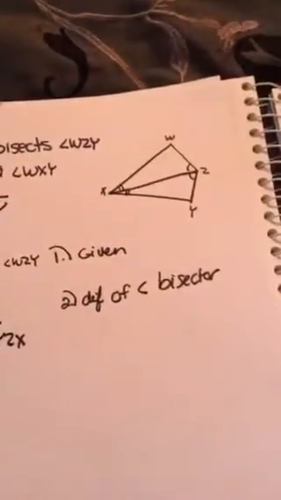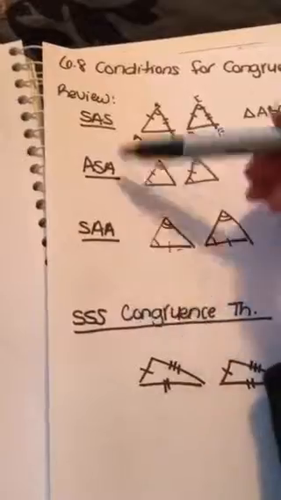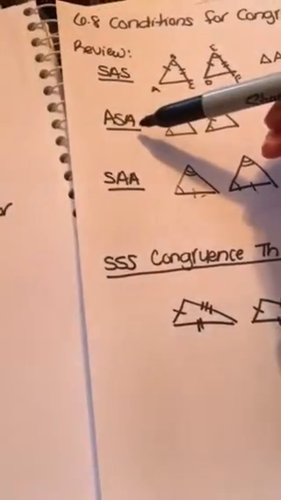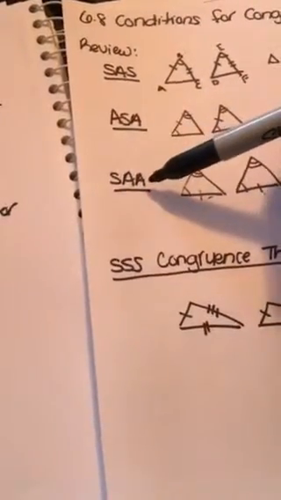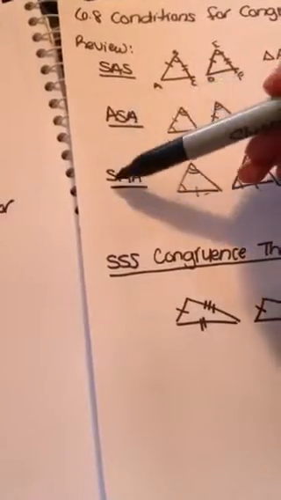Now I'm looking at this. I have two angles. These are the 4 types of congruency that I have available to me. Since I already have two angles, I'm going to choose either angle side angle or side angle angle. That means that in either one, I just need to find another side.